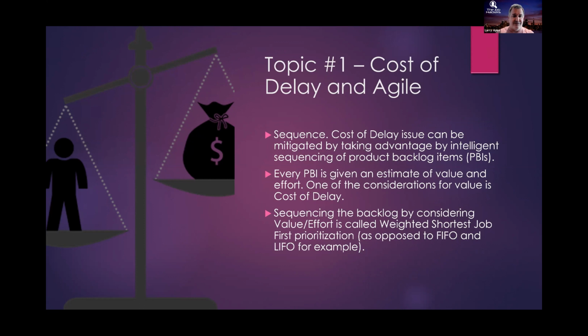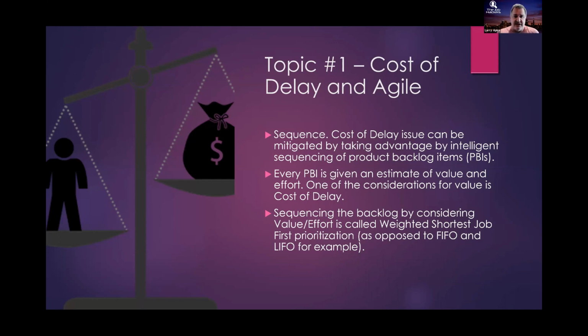So value over effort is a proxy, an estimation for CD3. And using the relative techniques that we learned in day 2, I can get to CD3, or at least something akin to CD3, very quickly, because I can take a backlog of 100 items and put effort on every single one in an hour, and put value on every single one in an hour. And then 2 hours later, I have a well-sequenced backlog.